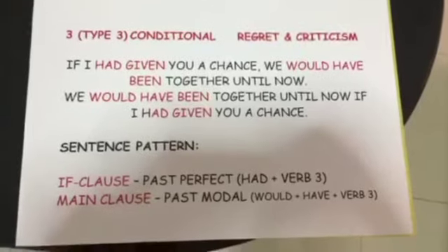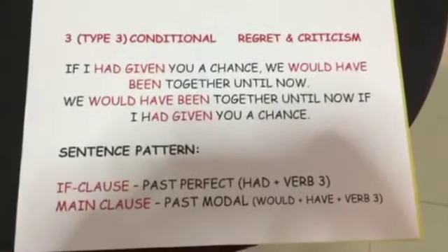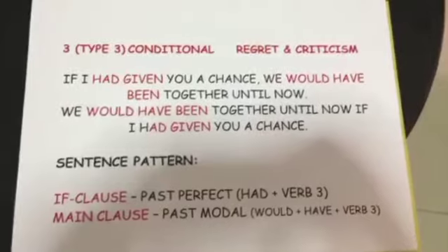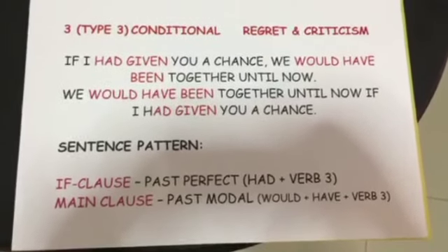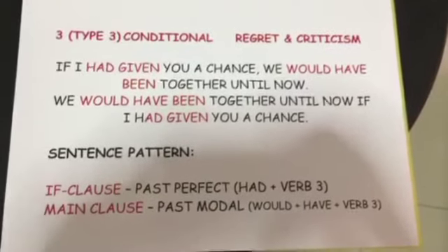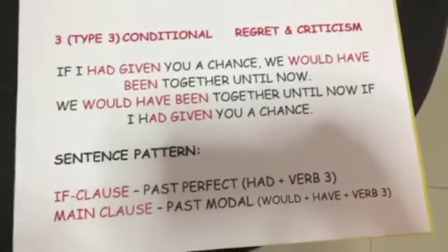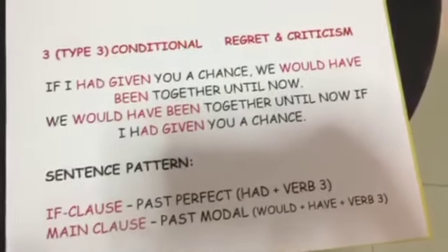Okay? Finally, my favorite. This is type 3 conditional, or third conditional. If you want to talk about regret, for example, you did something wrong in the past and now you're sorry about that, then you need to use third conditional sentence for that.